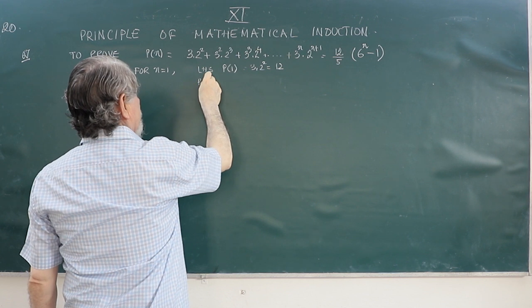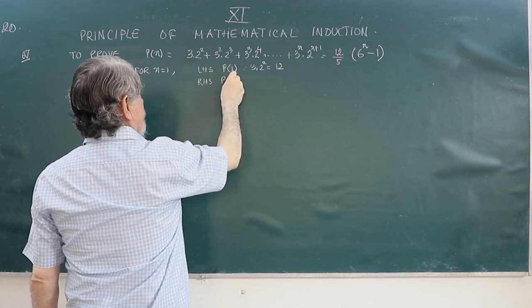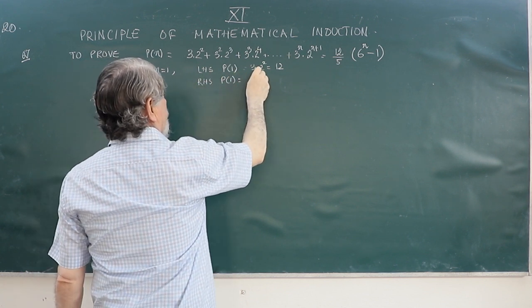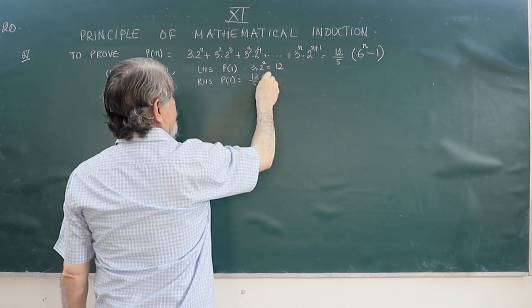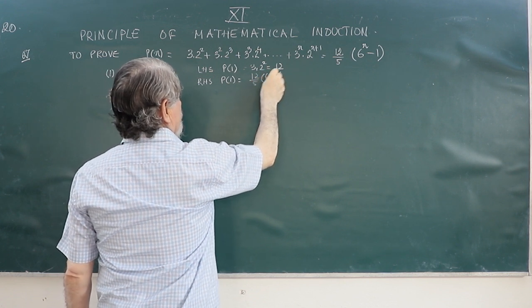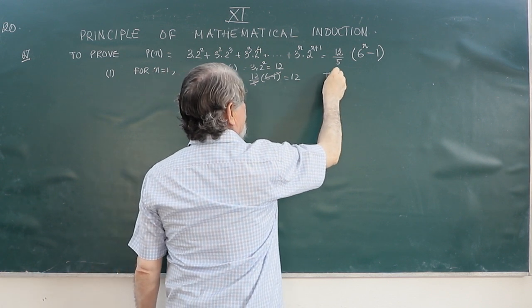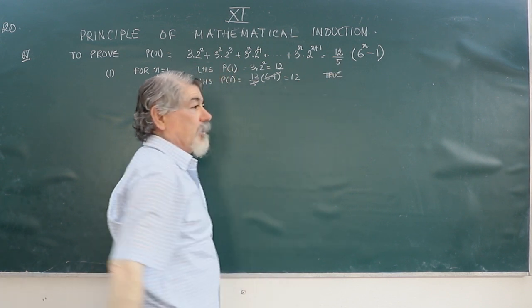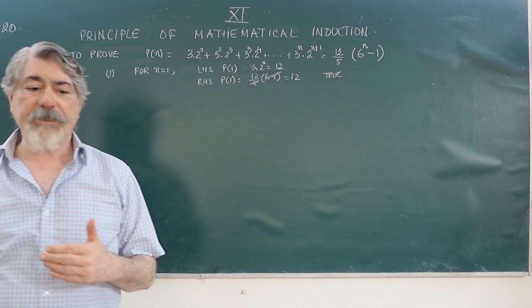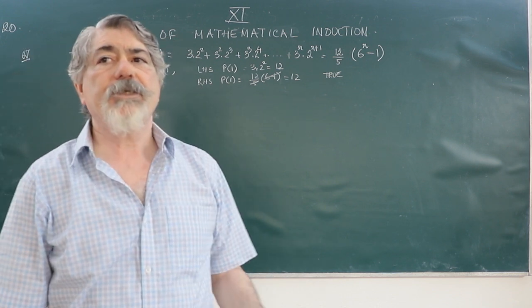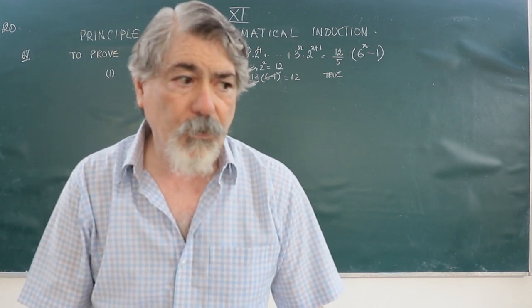Right hand side Pn will be 12 upon 5 and 6 minus 1, that will cancel, so 12. So it is true. Left hand side is equal to right hand side. So this given mathematical statement is true for n is equal to 1.